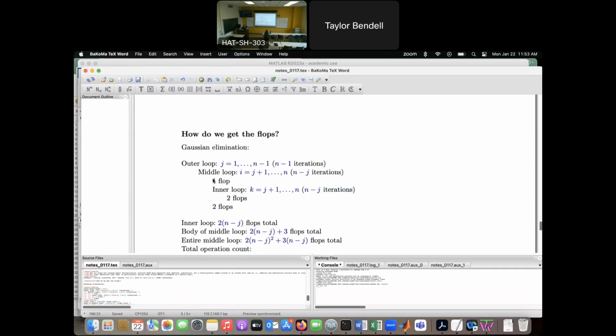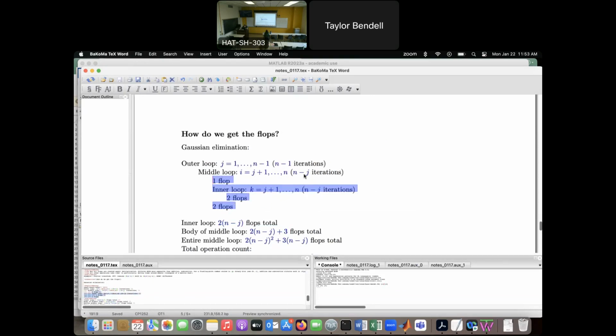Then the rest of the middle loop, at the second level of nesting, will have the count from the inner loop, and then you add 3 more. For the entire middle loop, you take the count from inside the loop and multiply it by n minus j.